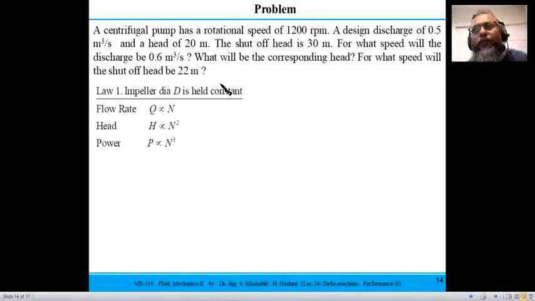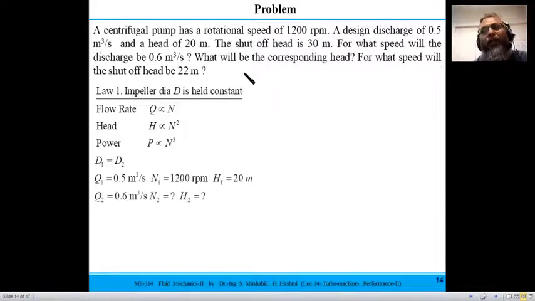First, this is a problem in which you have a fixed impeller, so your diameter is fixed, which means D1 is the same as D2. Q1 is already given, which is 0.5 meter cube per second, the RPM is 1200, and the head that your pump can supply with diameter D1 is 20 meters.